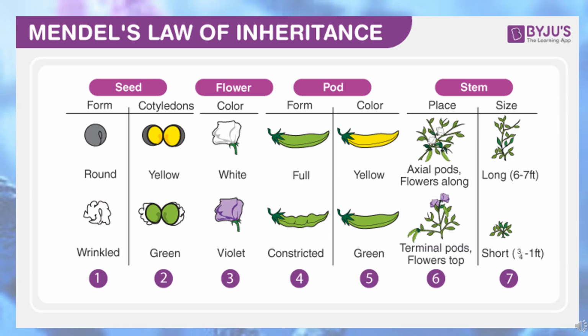Mendel also analyzed pure lines that differed in pairs of characters, such as seed color, yellow versus green, and seed shape, round versus wrinkled. The cross of yellow round seeds with green wrinkled seeds resulted in an F1 generation that were all yellow and round, revealing the dominance of the yellow and round traits.